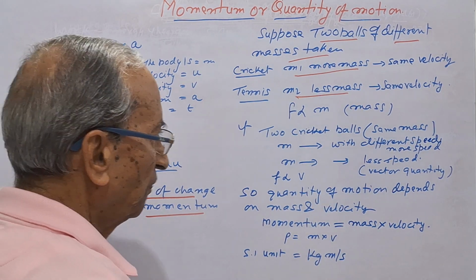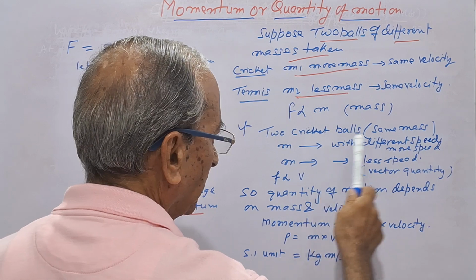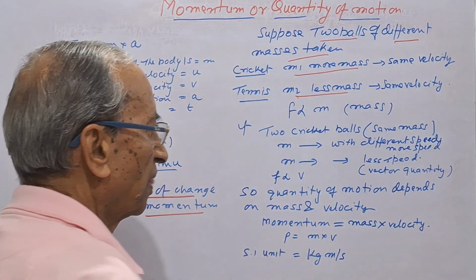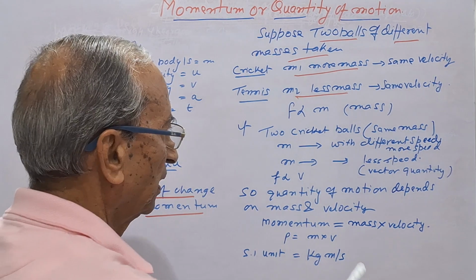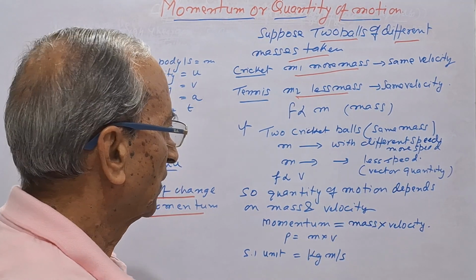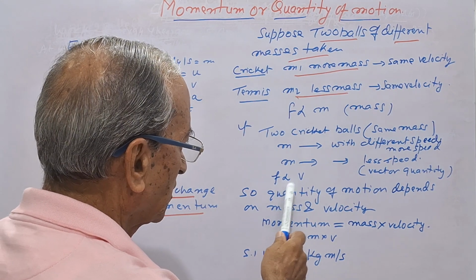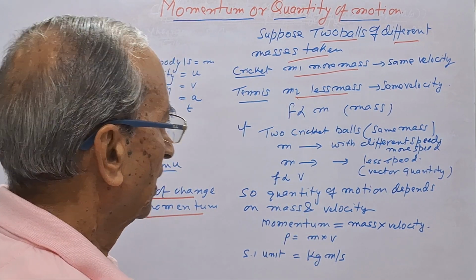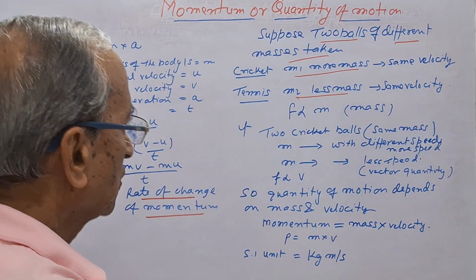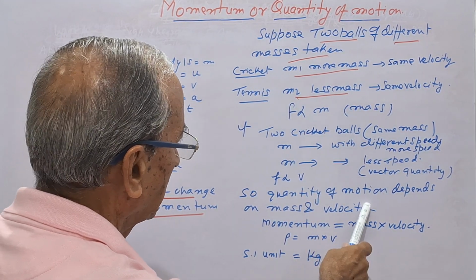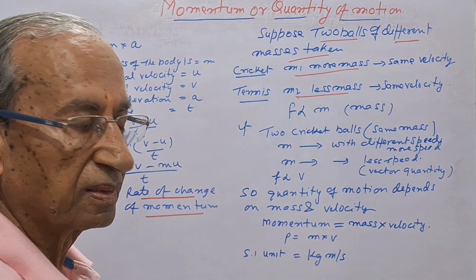Again here we find that more force is required to stop the ball of higher speed and less force is required to stop the ball of lower speed. Here again we say that force is directly proportional to the velocity. It is a vector quantity. So here we find that the quantity of motion depends upon the mass and the velocity.